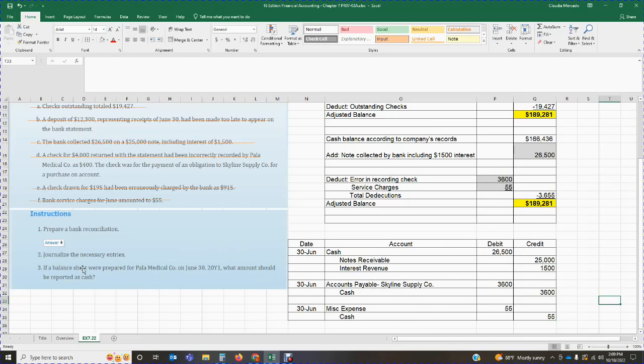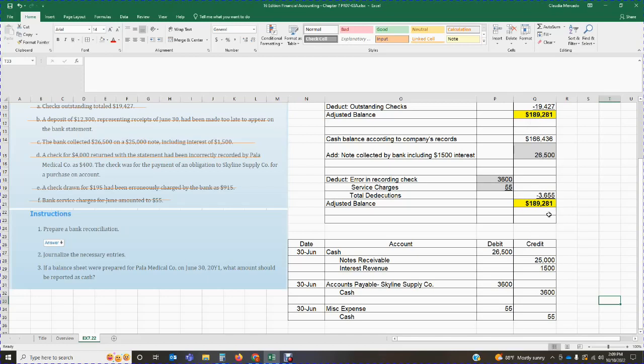Then it says here, if a balance sheet was prepared for Paula Medical as of June the 30th, what amount should be reported as cash? The amount that would be reported would be the $189,281. The adjusted balance from the bank reconciliation should be reported as the cash balance per Paula Medical Company.